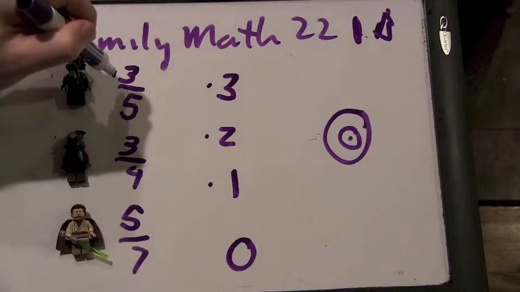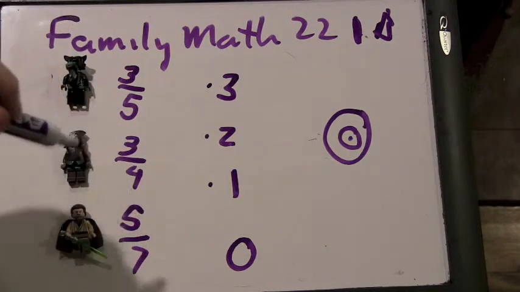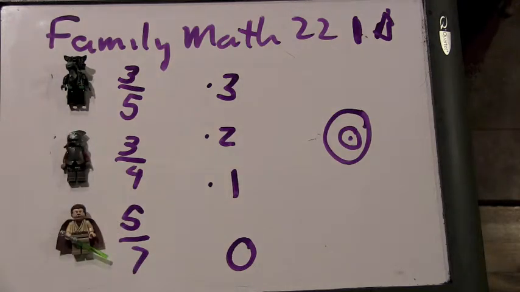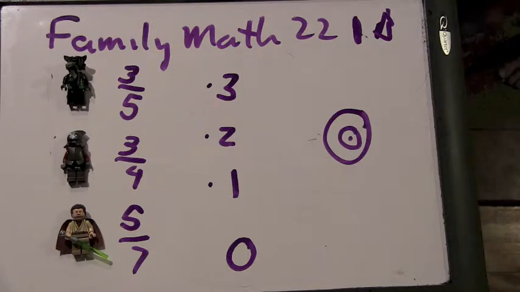Okay, it's the probability that this guy hits the target, times the probability this guy hits the target, times the probability that that guy hits the target. And so what would that mean? How should we interpret that number? Well, it could be the probability that all three of them hit the target.